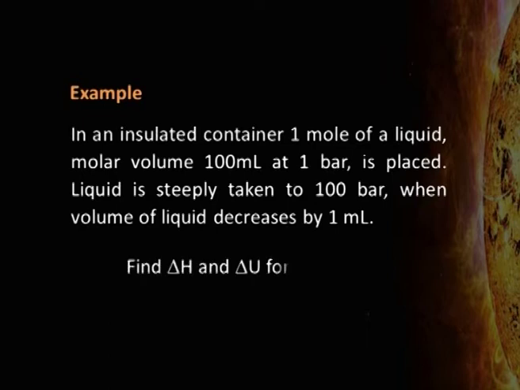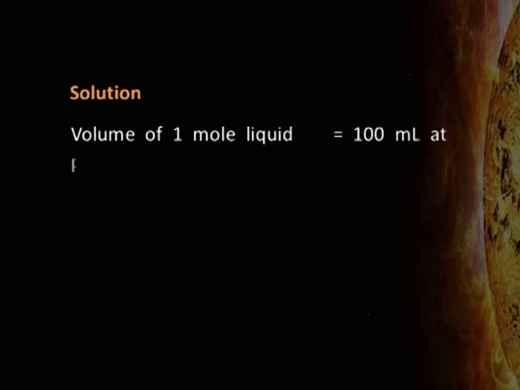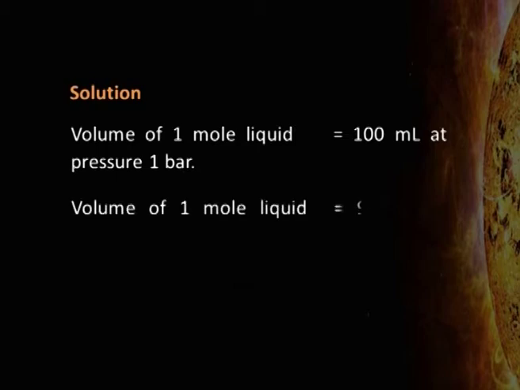Find delta H and delta U for the process. Here we can calculate delta V by subtracting initial volume from final volume. So, volume of 1 mole of liquid is equal to 100 ml at pressure 1 bar and volume of 1 mole liquid is equal to 99 ml at pressure 100 bar.